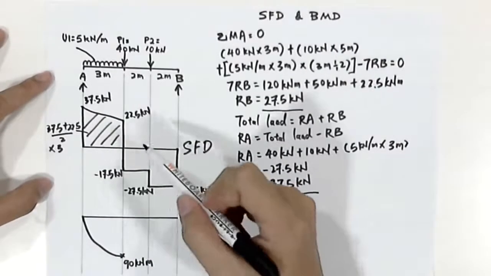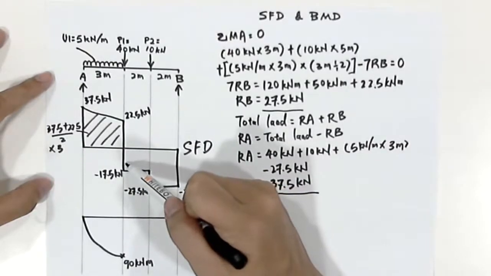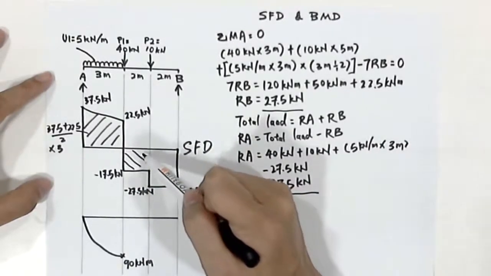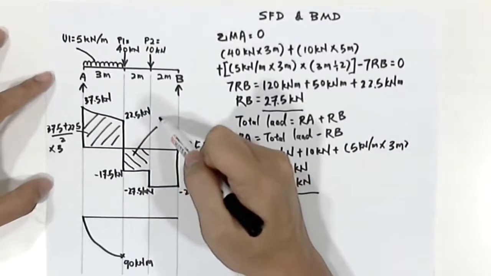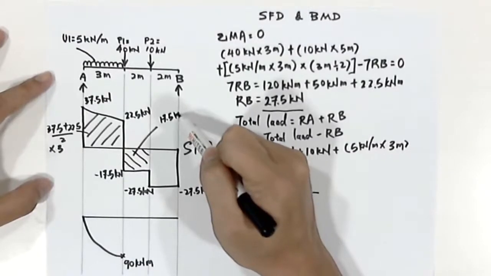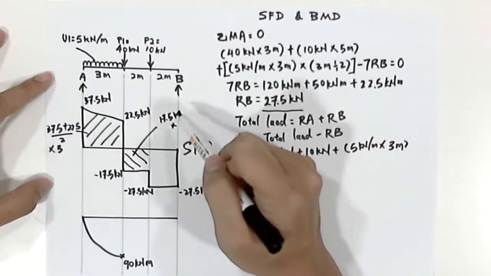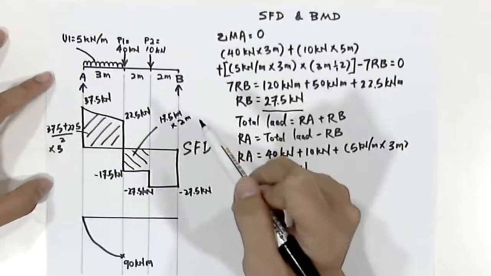Let us go to the next section in our shear force diagram. We calculate this area, which is 17.5 kilonewton times 2 meter.